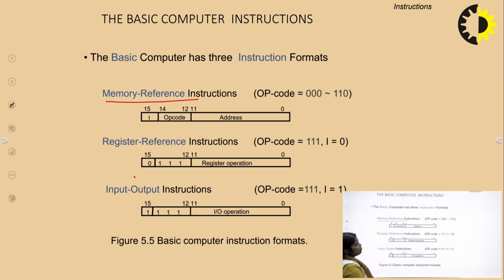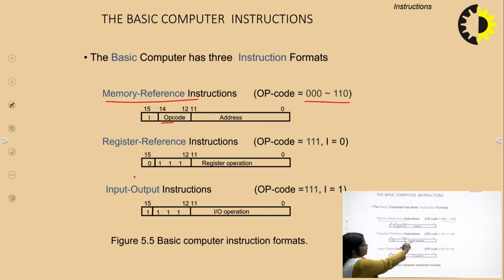How can you find out whether my instruction is a memory reference, a register reference or an input output instruction? By the help of the opcode. If the opcode is from 000 to 110, you can say 0 to 6, then it is called a memory reference instruction.